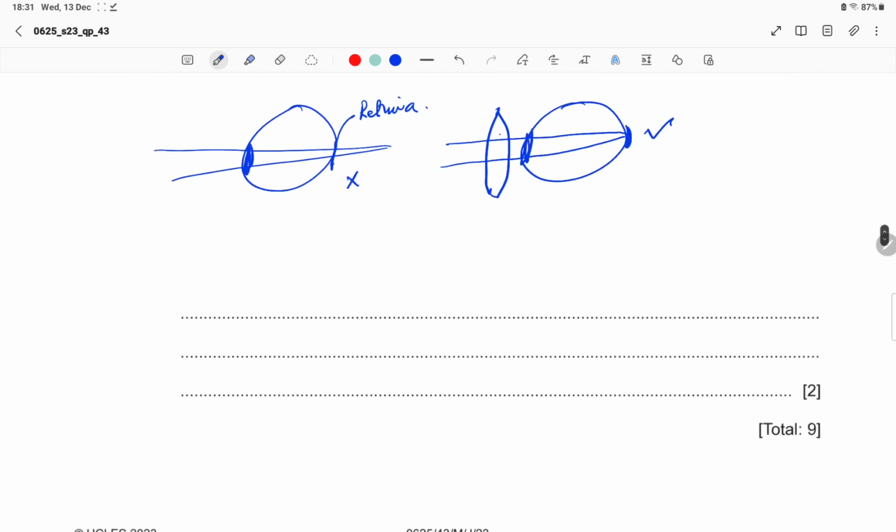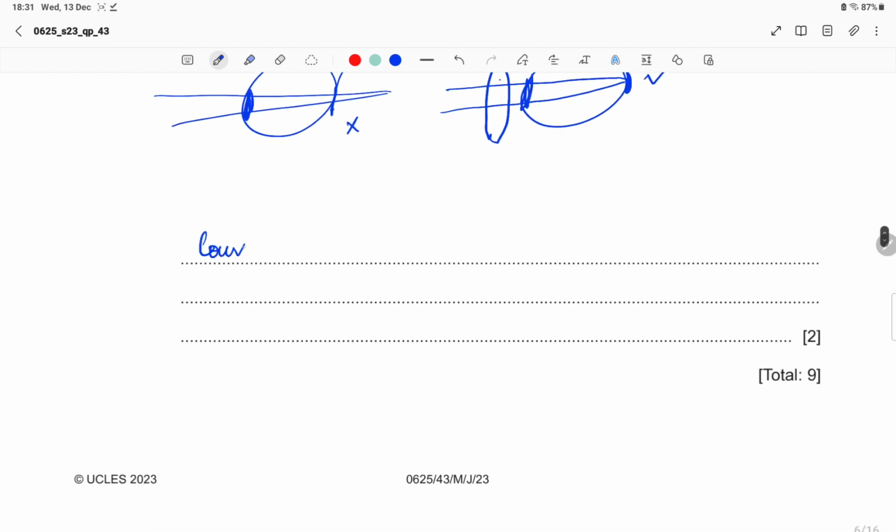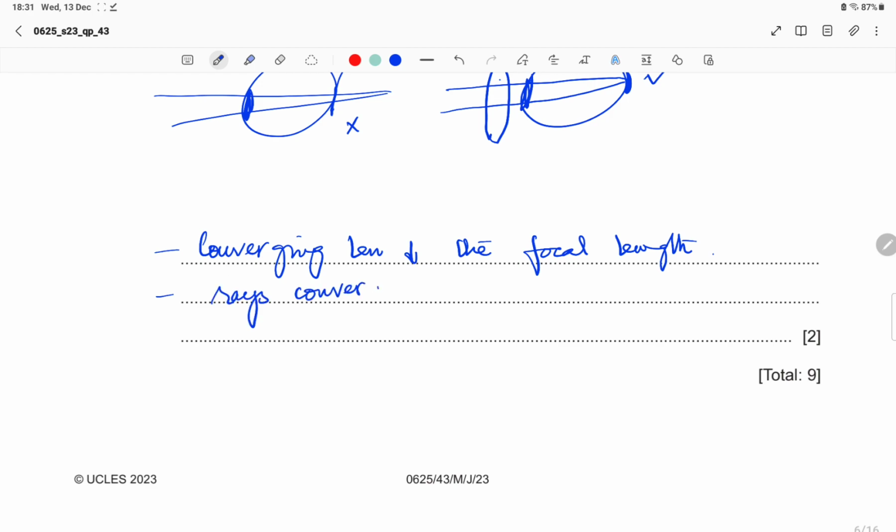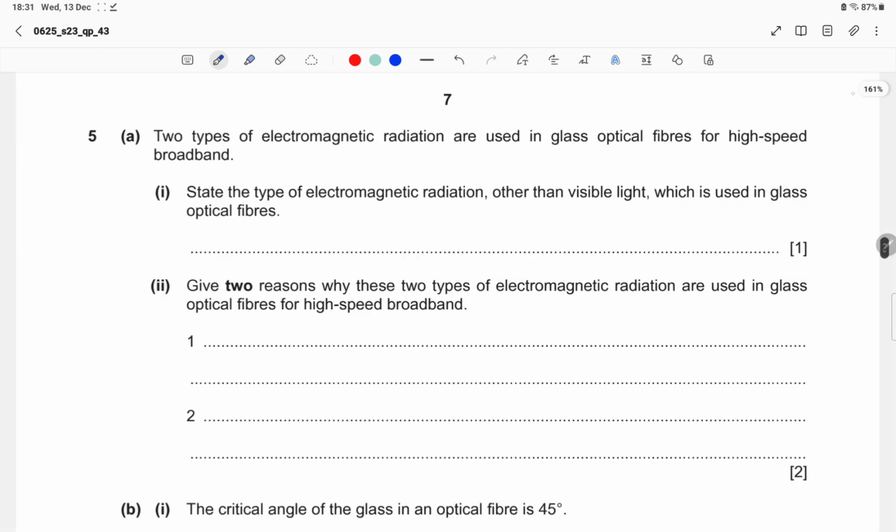Okay, so the converging lens decreases the focal length. This is what is going to happen, and then the rays converge on the retina. So when these rays converge on the retina, you can easily see.